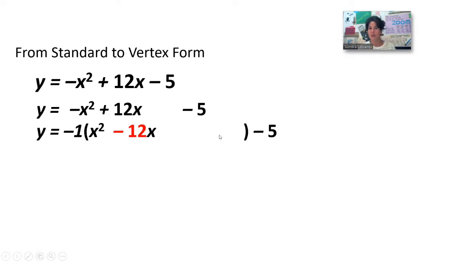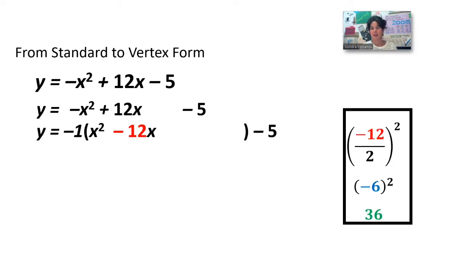Next, I want to think of a number that makes this a perfect square. So we take negative 12 divided by 2 and square it. We get 36, so we're going to put in 36, but because every line has to equal the line above it, I can't just randomly throw in 36. I'm going to have to undo that with a minus 36.